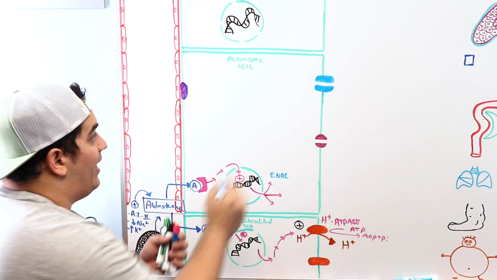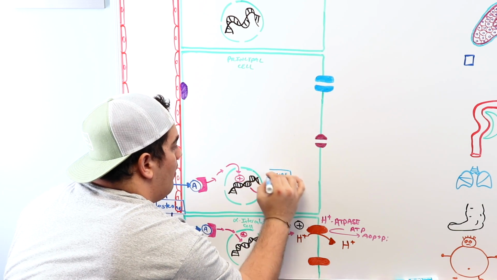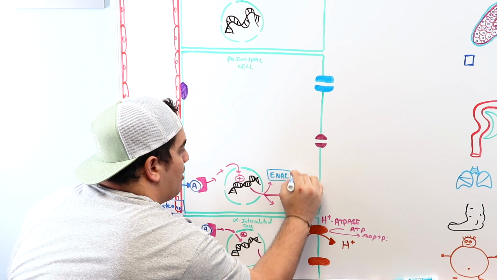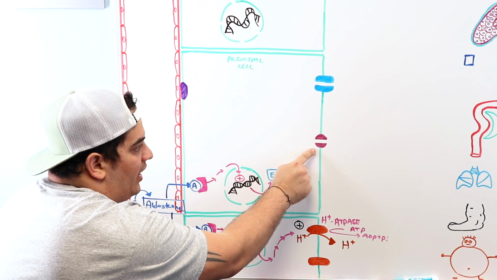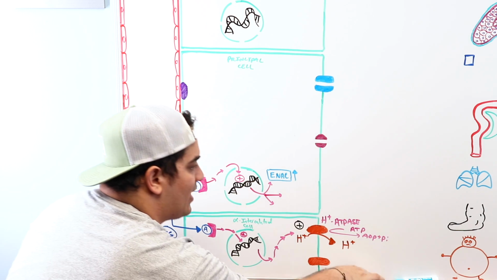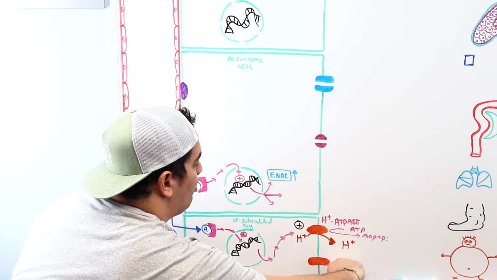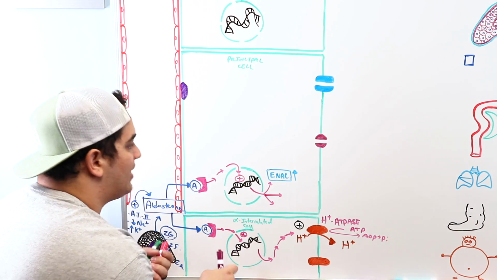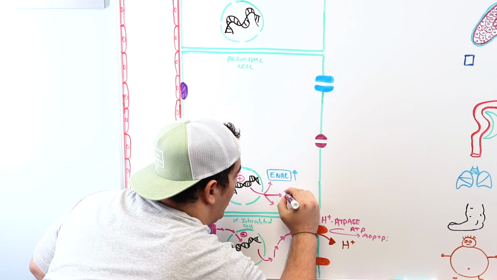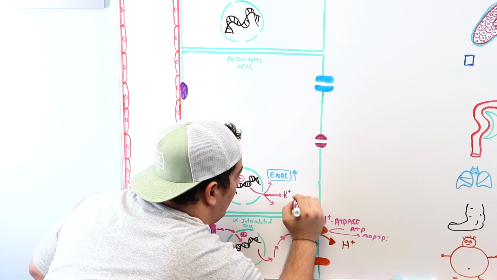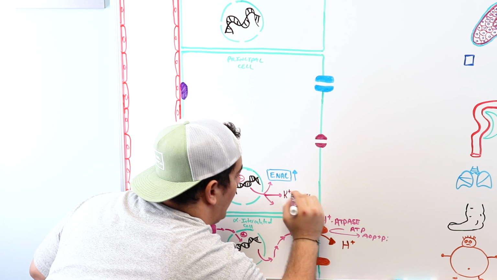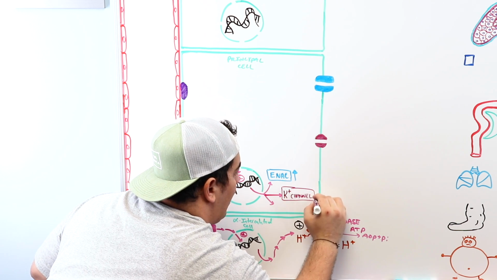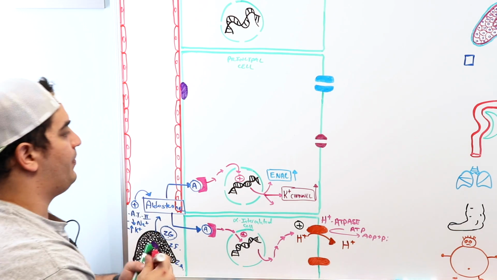That's this channel here. So that's one of the proteins we're increasing the expression of. The other one is this maroon colored protein, which is specific for potassium. So it's a potassium channel, and now we're going to have more potassium channels.